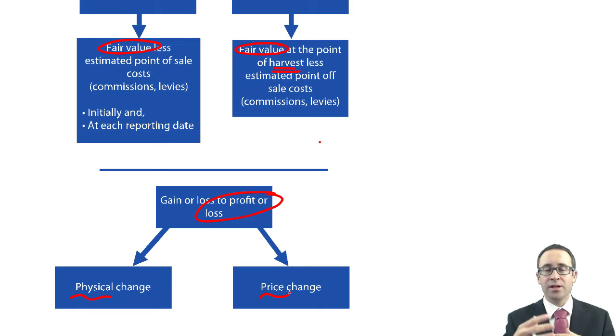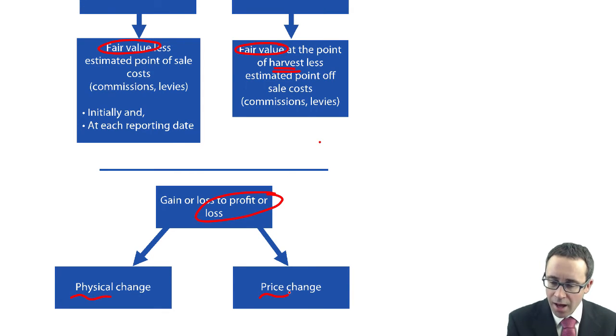So it will have grown physically by another year, but there will also be a price change in the value of that asset. So you could disclose that separately. It's voluntary, you don't have to, but you could disclose it separately within the notes if it is useful to the users to show the price change and the physical change.